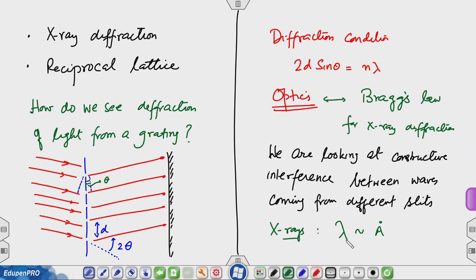However, in crystals, the difference between different scatterers, those are the atoms, is indeed of the level of angstrom, and you do see this diffraction pattern. But before we go there, let me first show you that actually what you see in diffraction is a Fourier transform. And Fourier transform of what? Let me explain that.